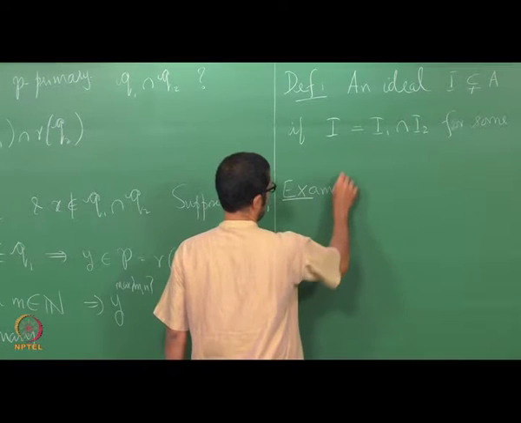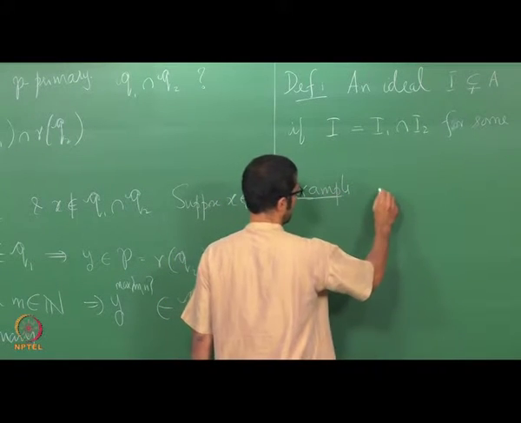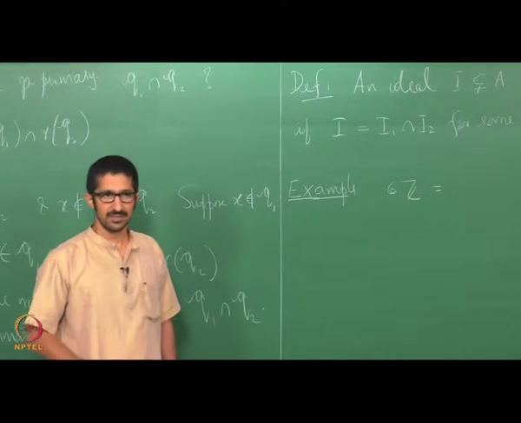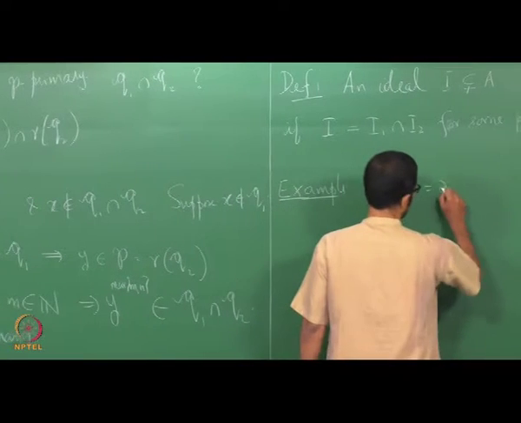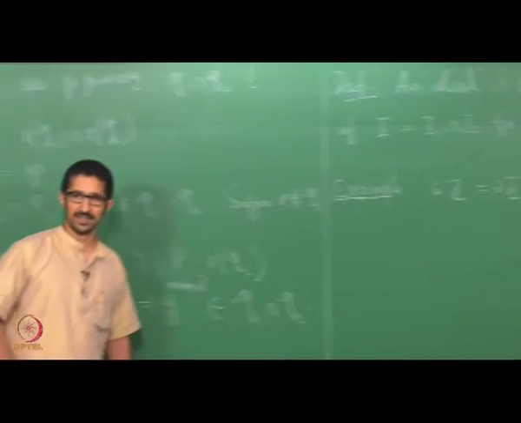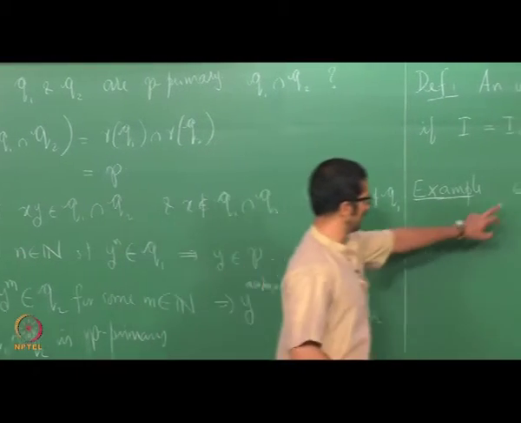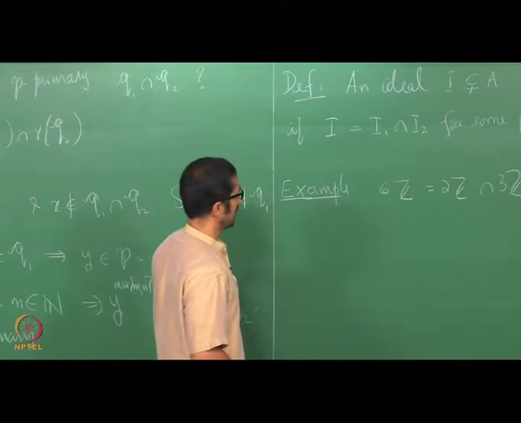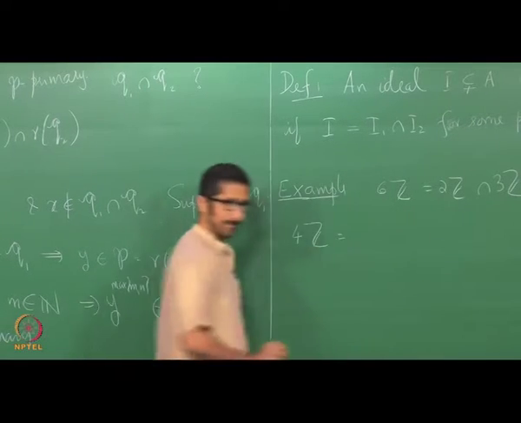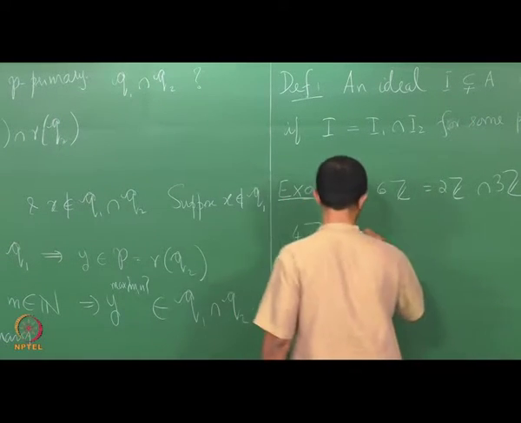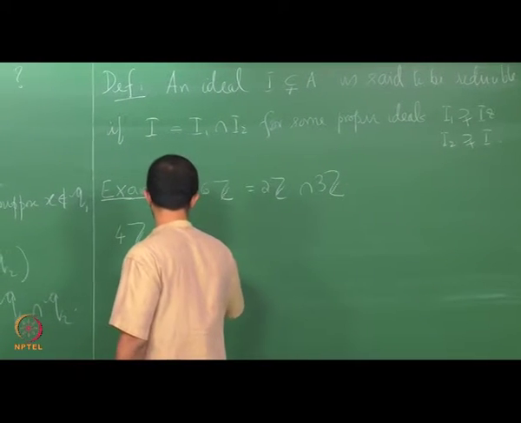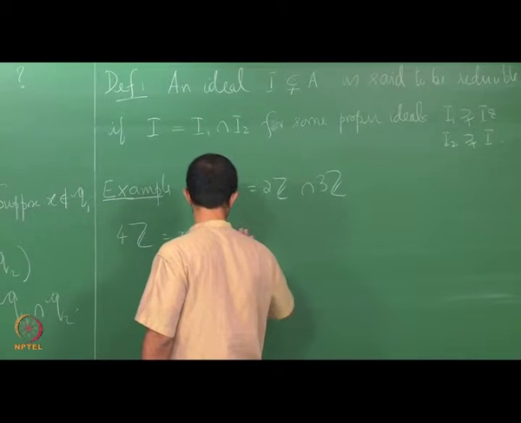For example, in Z, if you take 6Z, can you write 6Z as 2Z intersection 3Z? Yes, so 6Z is a reducible ideal. What about 4Z? See, in Z this is easy to see.